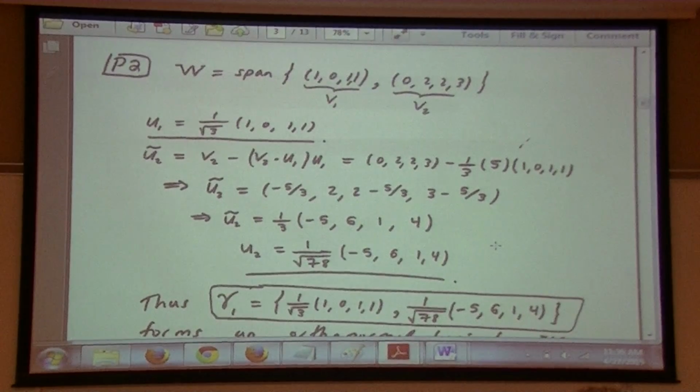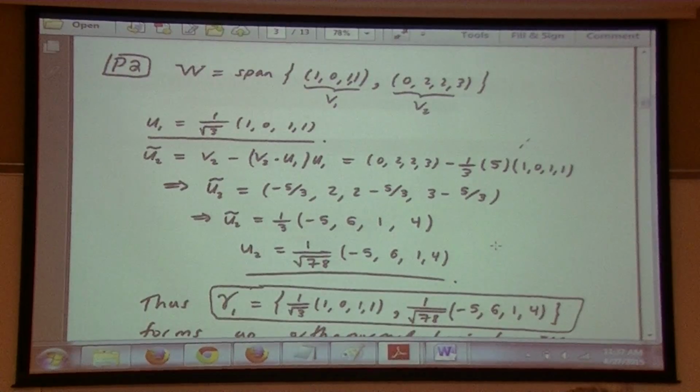What did you do with the 1/3 to get that? You just drop it off? What happened to it? If I have a vector, say cW, and I want to normalize it, if you put a hat on it, that means the unit vector in the same direction. So you take cW divided by the length of cW.